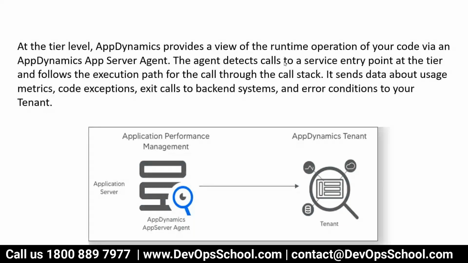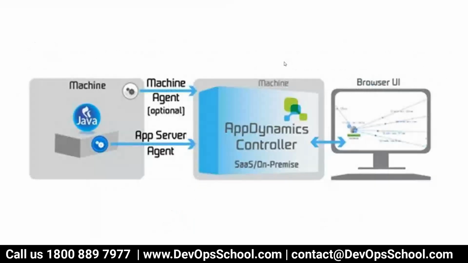The agent detects calls to a service entry point at the tier and follows the execution path for the call through the call stack. It sends data about usage metrics, code exceptions, exit calls to backend systems and error conditions to your tenant.